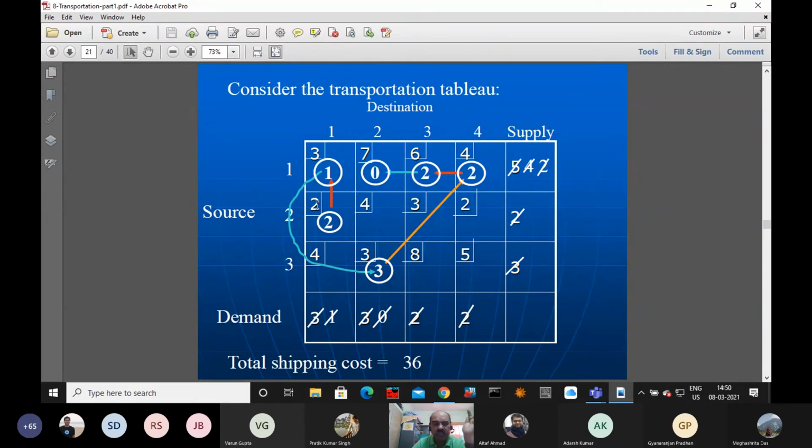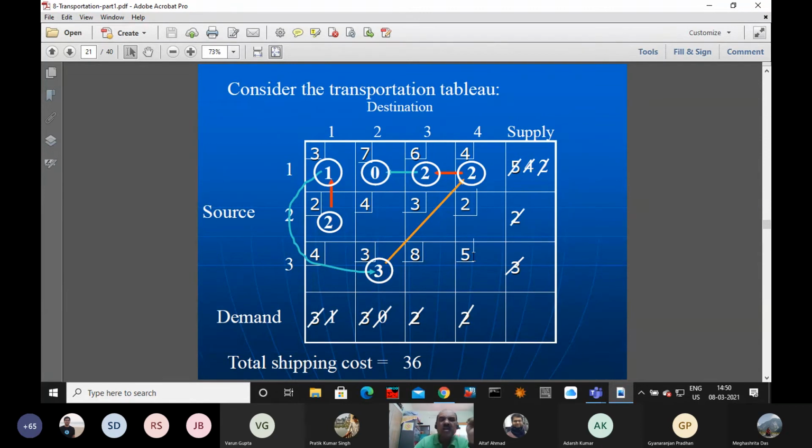So see, this 2 has gone. Next, the 2 in the second row and fourth column is also gone. So now we'll think about what is left out. What is the minimum? That is 3, 7, 6, 4. The second row is gone. Then 4, 3, 8, 5.